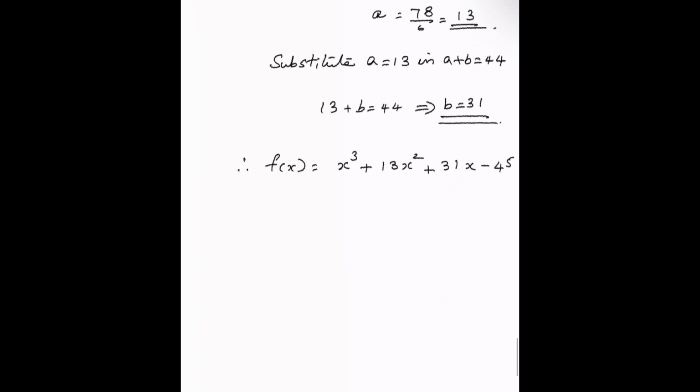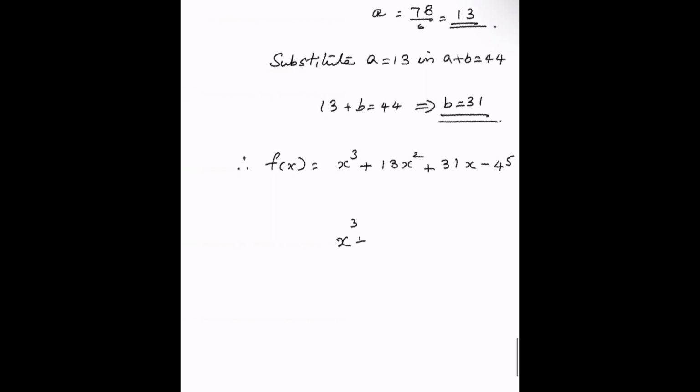So first I will divide this polynomial by x minus 1, and then I will go and divide it by x plus 5. So two factors are given to me. So let's try to do it. It's like x cube plus 13x square plus 31x minus 45. Go ahead and divide it by x minus 1 first.